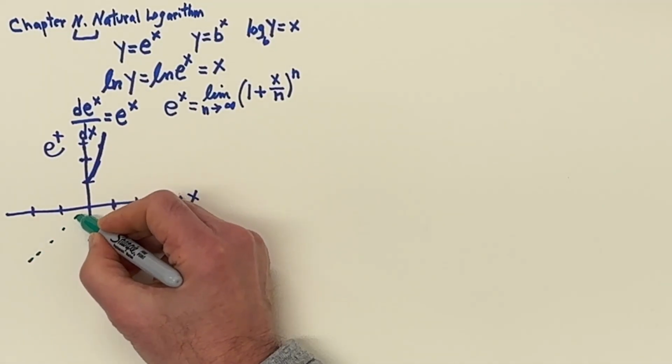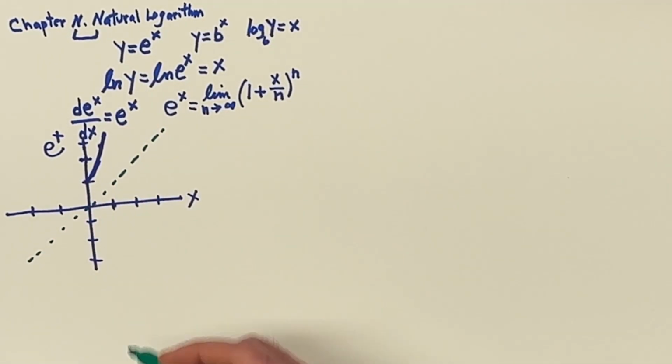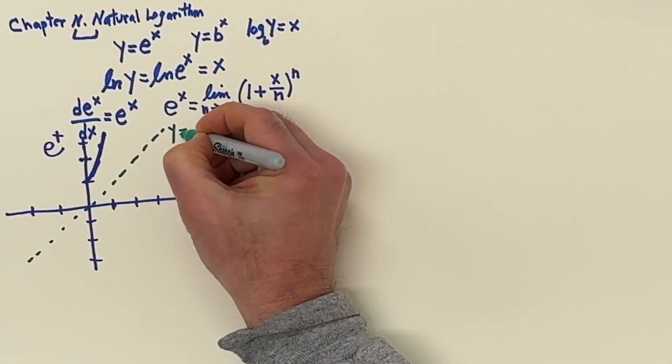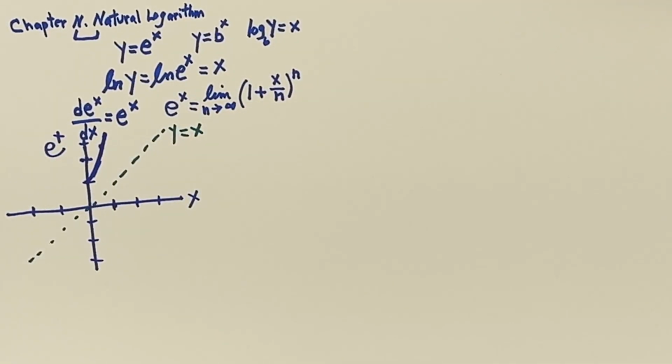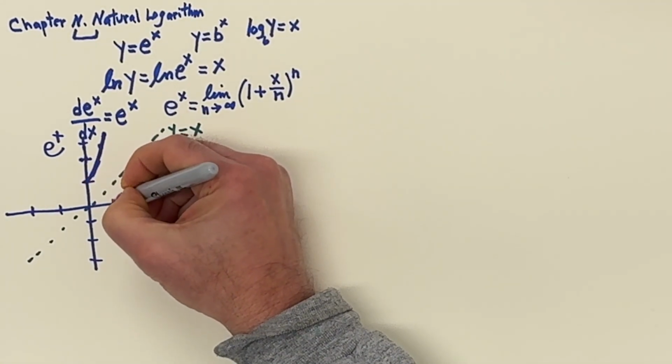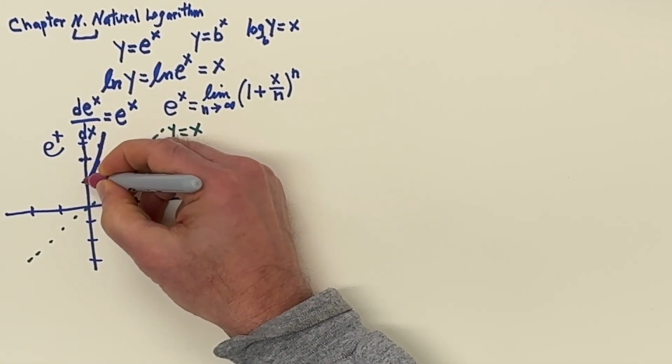We have our y equals x mirror for the reflection. Then here we would have this point corresponding to that point.